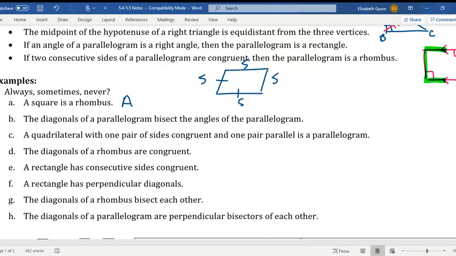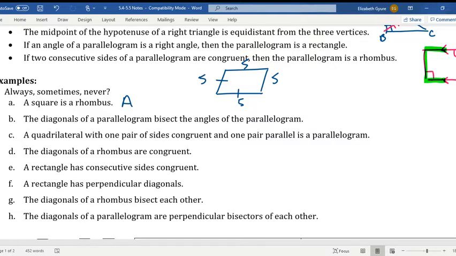Any old parallelogram, right? Well, think about your parallelogram properties. Are the diagonals bisecting angles? Is that a parallelogram property? No. What shape is that a property of? You can look up above. I don't expect you to have it memorized yet.